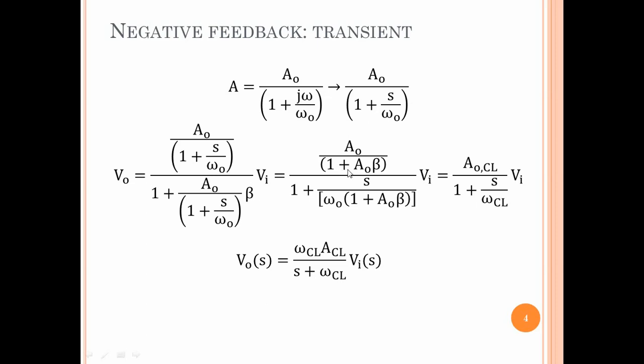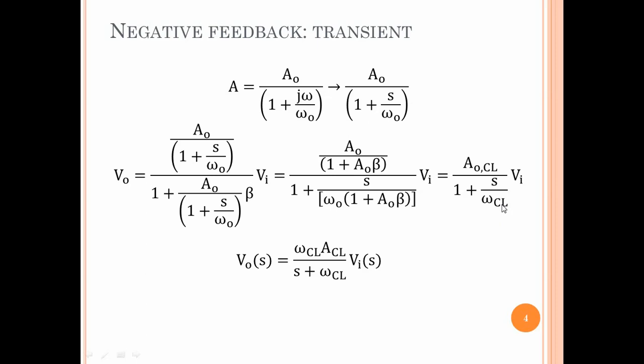Then we take 1 plus A0 beta common, and we can write Vo as this. So this is A0 over 1 plus A0 beta divided by 1 plus s over all this. Let us write this in the form A0 closed loop in the numerator, divided by 1 plus s over omega closed loop. This also we saw earlier.